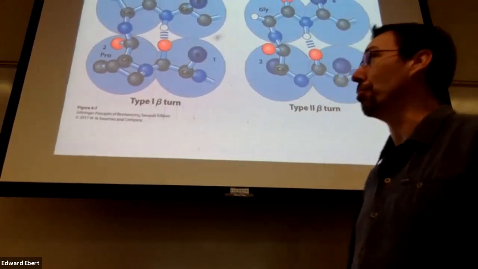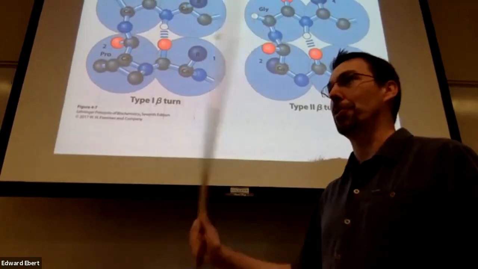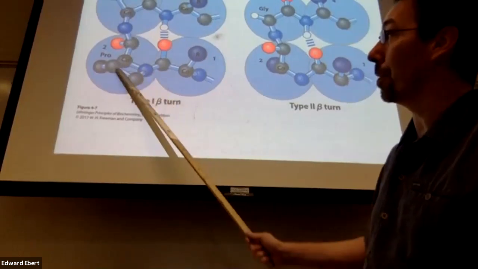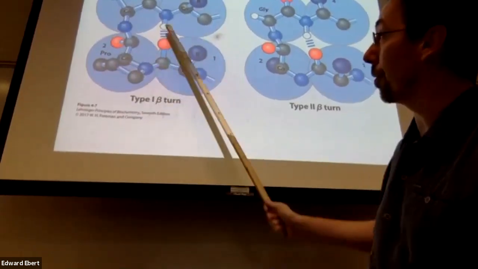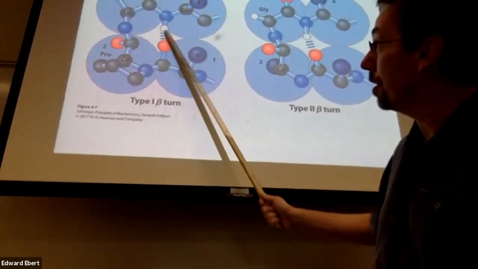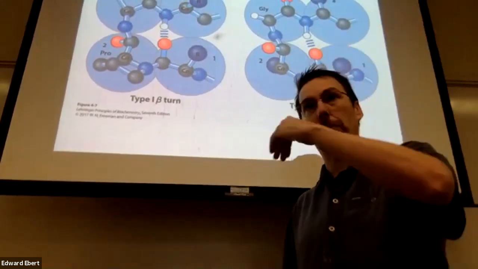But when you get to your beta sheet turns, you suddenly see a huge increase, something like 5 or 6% end up in the cis form, so that we can help facilitate this turn. You can also see that the amino acids in positions 1 and 4 in type 1 form a hydrogen bond for additional stabilization for that quick turn.